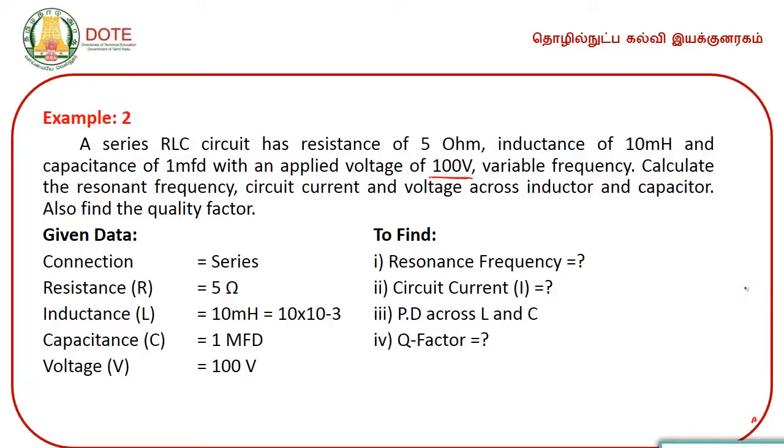First of all, we should be able to write down all the given data. Here we should ensure whether the circuit is series or parallel. So, the connection is a series circuit, resistance value is 5 ohms, inductance value is 10 millihenry or 10 power minus 3 Henry, capacitance is 1 microfarad or 1 into 10 power minus 6 farad, then voltage is 100 volts.